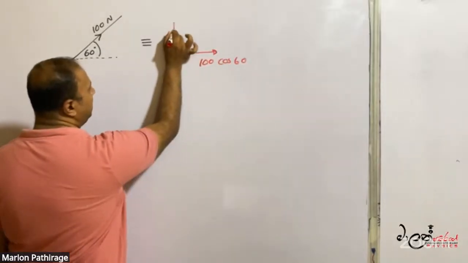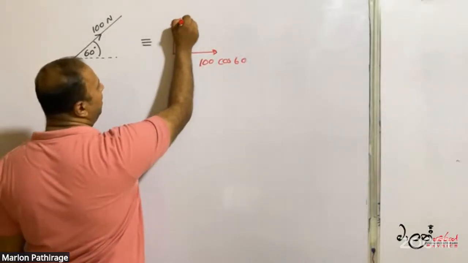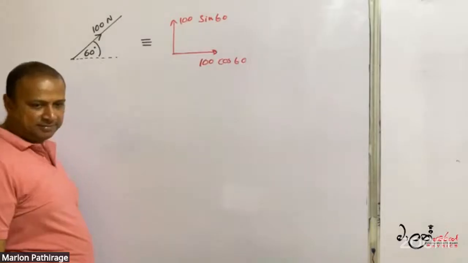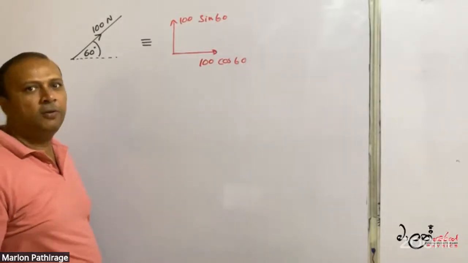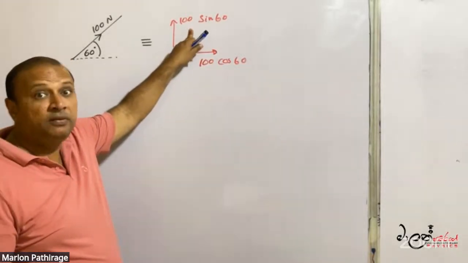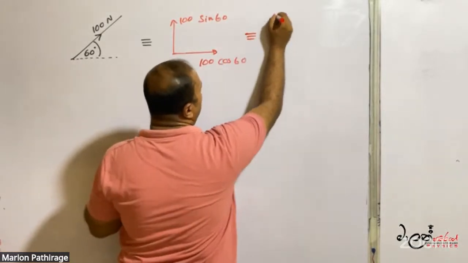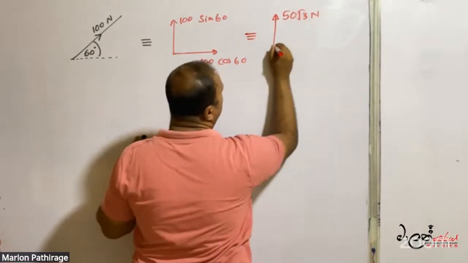The vertical component, the other component, should be 100 sin 60. 100 sin 60 means root 3 over 2 into 100 means 50 root 3. Therefore, in the upward direction, 50 root 3 Newton is there.